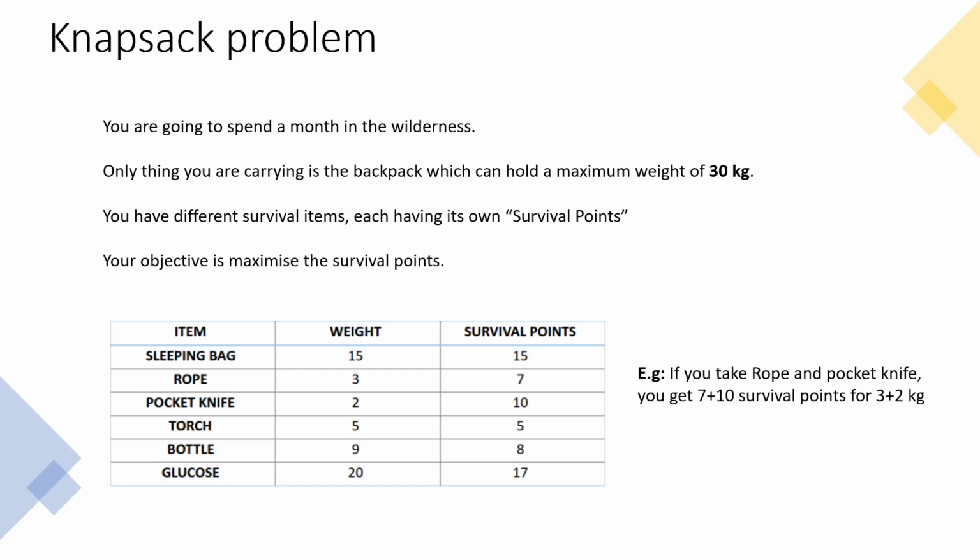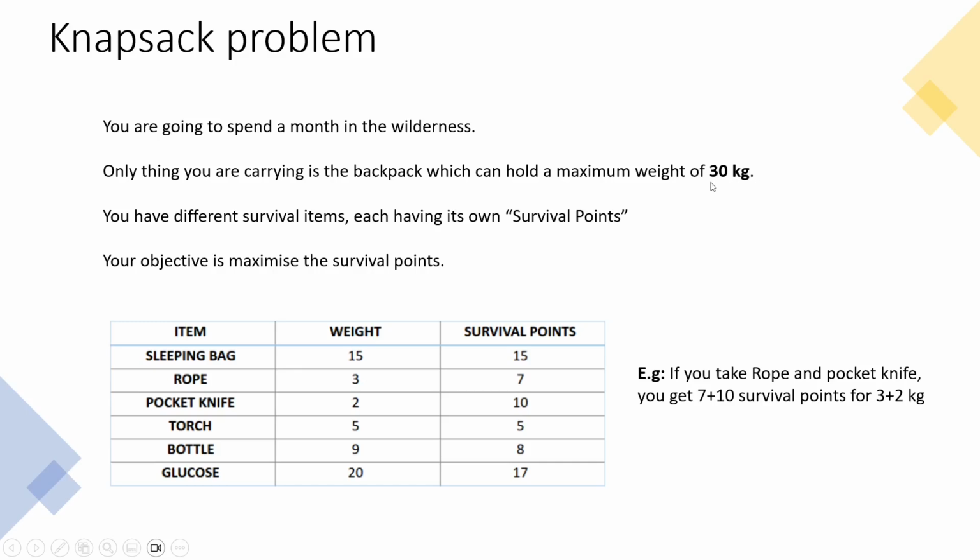So let's say we will go on hiking, okay? And then there are some items that we can carry in our bag. All these items have weight, as you see in this column, and they have survival points. Your bag can carry, for example, 30 kilograms.